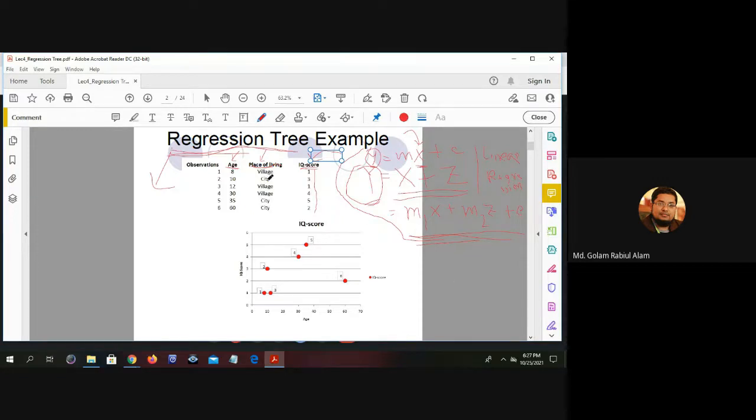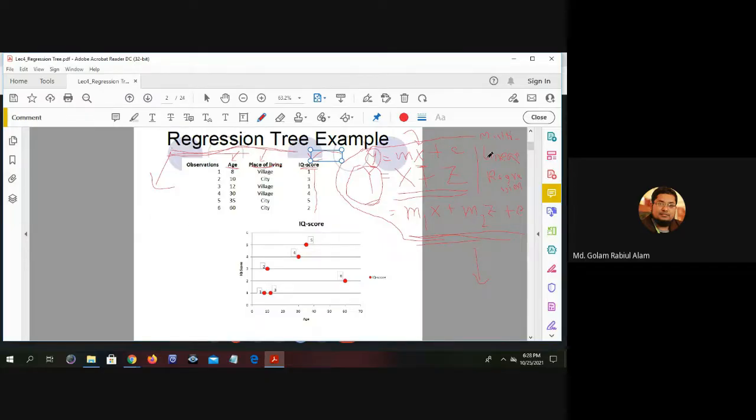If we have multiple independent variables, then we call it multilinear regression. But the discussion of linear regression we will have in another lecture.